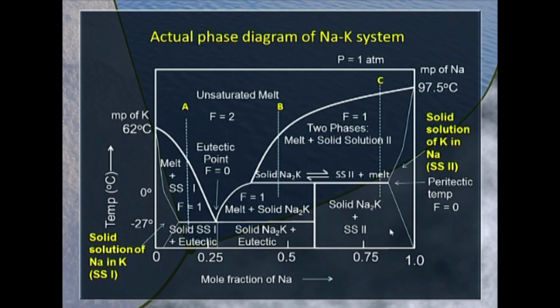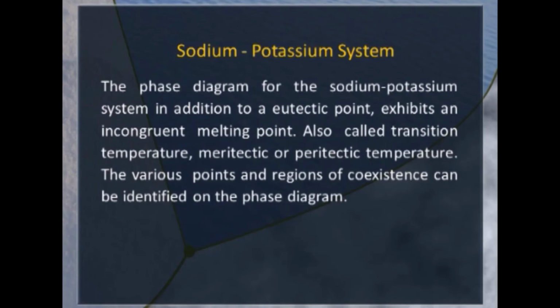So, the phase diagram can be utilized to find out the changes that take place when a particular melt of a composition anywhere between 100% potassium to 100% sodium is taken.